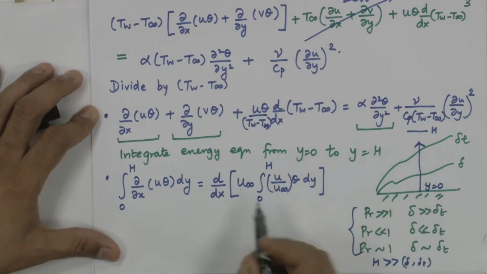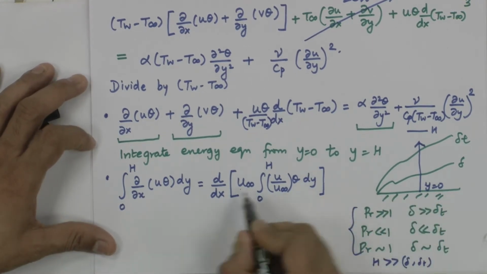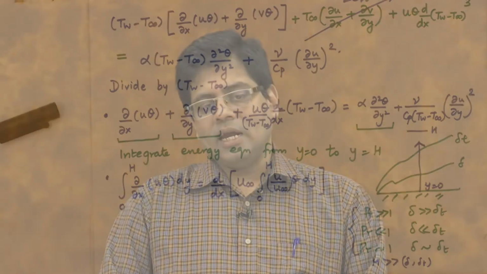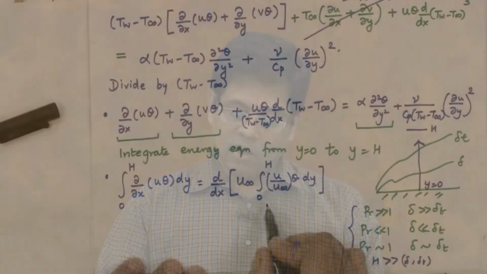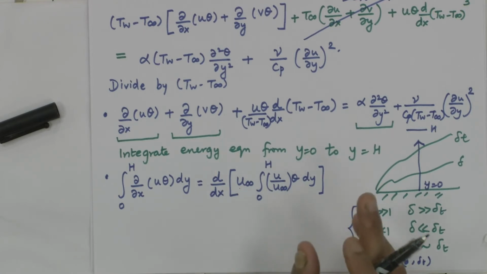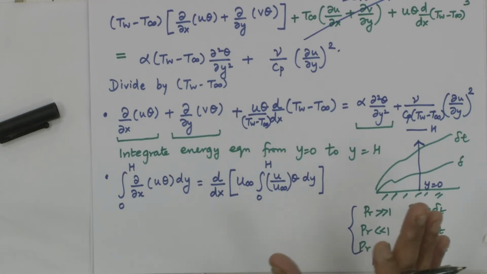Why? After I integrate, the first rule is that integration and differentiation I can change the order. Second, when I integrate something with respect to y and supply the limits 0 and h or y1 and y2, the y dependency is completely lost.